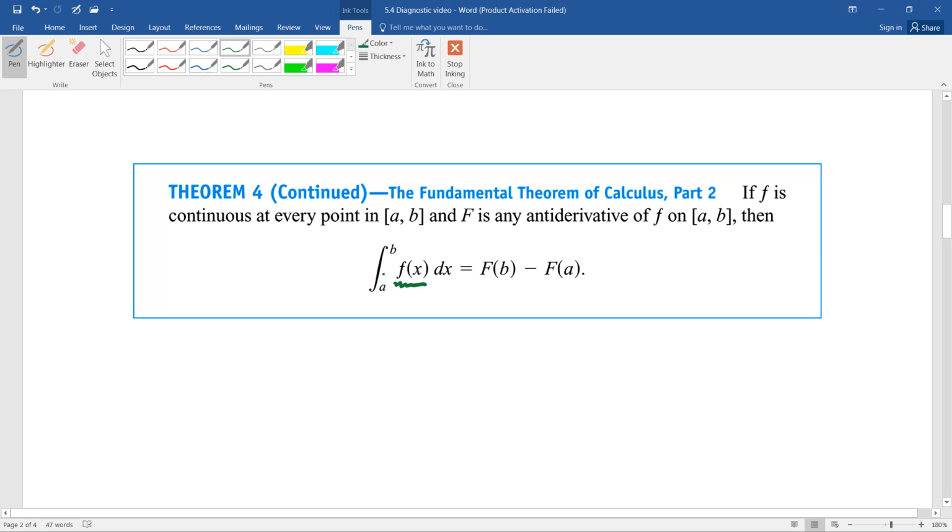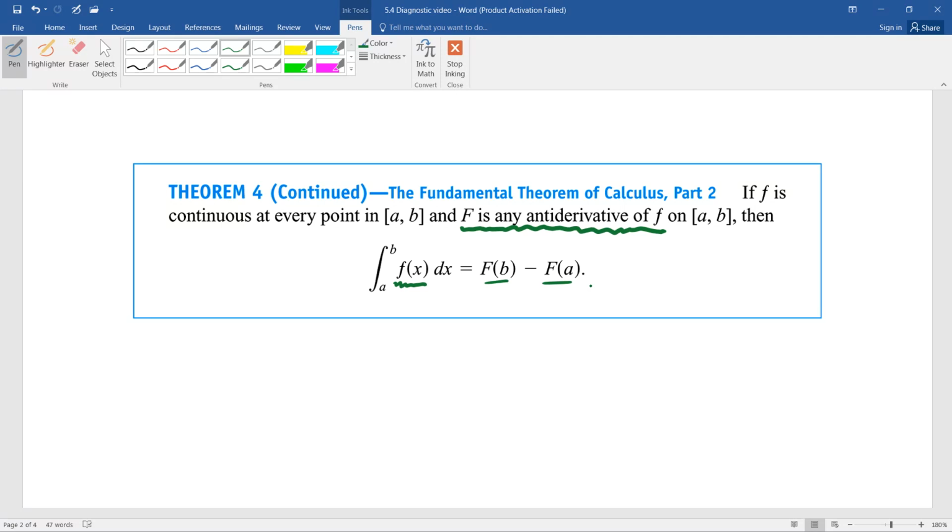This theorem says if we want to evaluate a definite integral like this, we can use an antiderivative. Uppercase F represents an antiderivative of lowercase f. So to evaluate a definite integral, we can use an antiderivative. For this reason, we often use the words antiderivative and integral synonymously. They're interchangeable sometimes, but that's because of the fundamental theorem of calculus part 2.